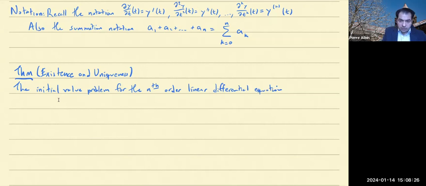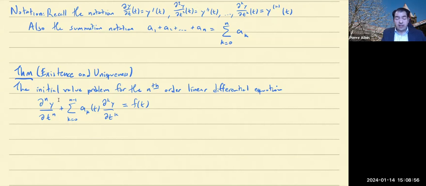The general nth order linear differential equation, we can assume that the coefficient of the nth derivative is just 1. Then all of the derivatives before that have some coefficient function a sub k, and then the right-hand side, some function f of t. And so this is an nth order differential equation.